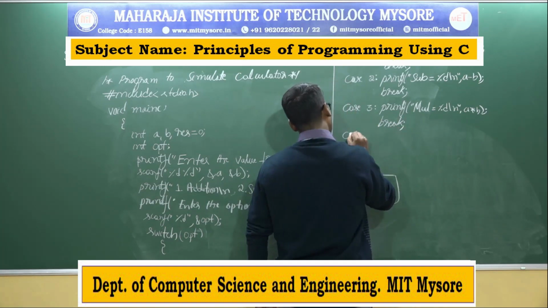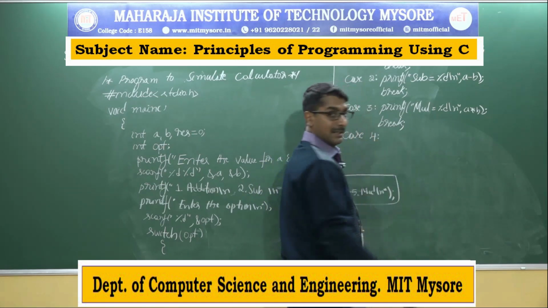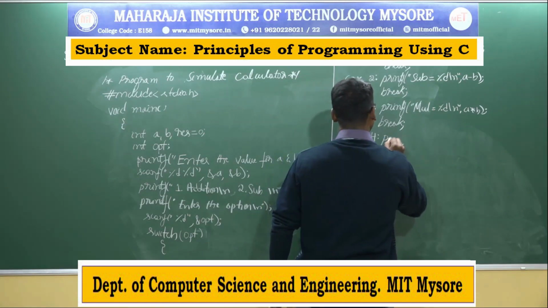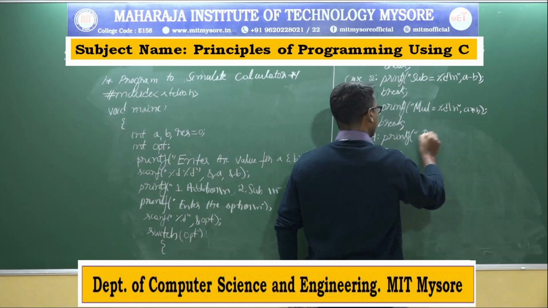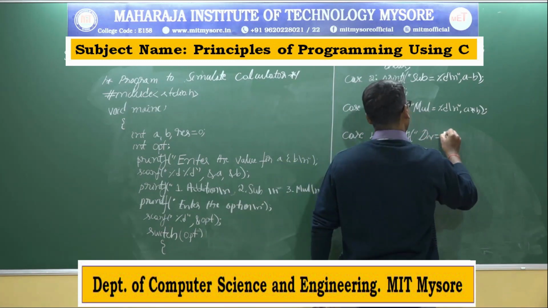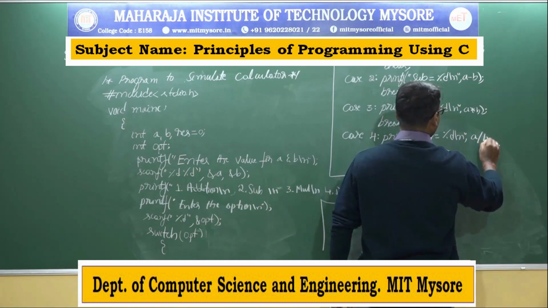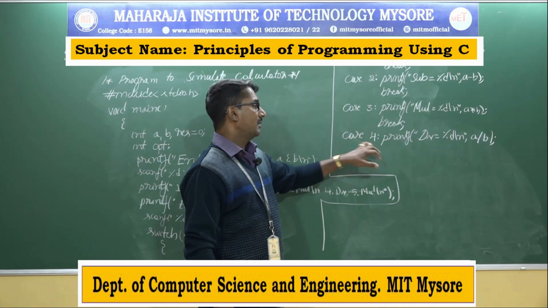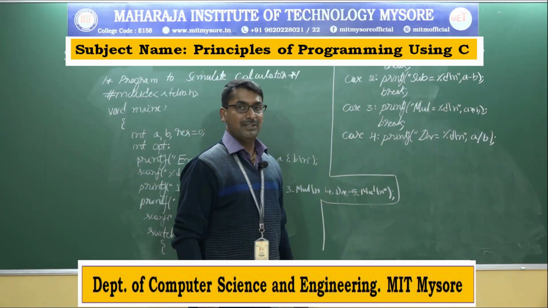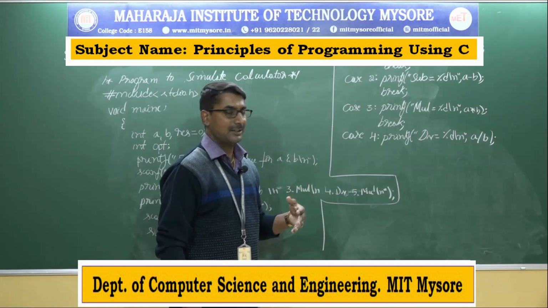If this case also does not match, then case 4 is printf "division is equal to %d\n", a divided by b. You observe here we are performing the division operation on integer variables, so the output will be of integer type.